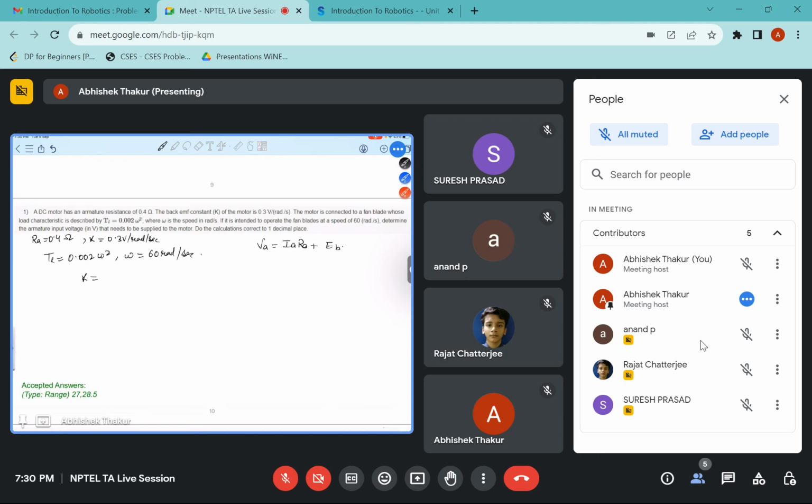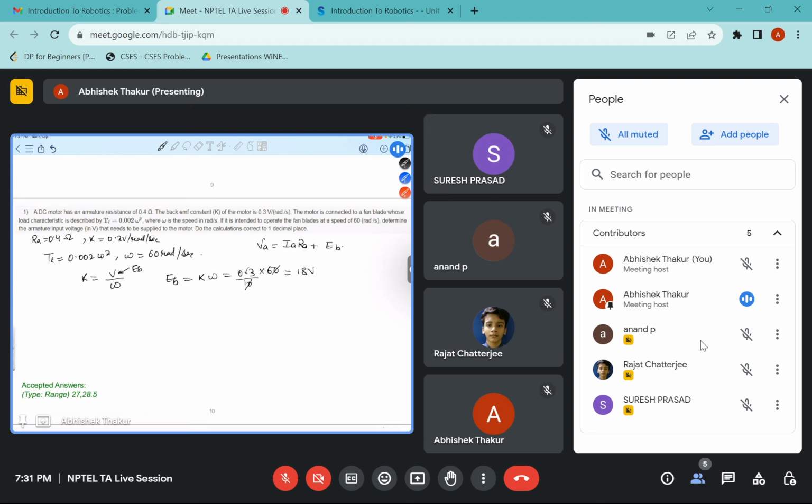The induced back EMF we can find using this formula, where this V is the induced back EMF. So EB will be equal to K into omega. K is given here, that is 0.3, and omega is also given, that is 60. So this is 18 volt.